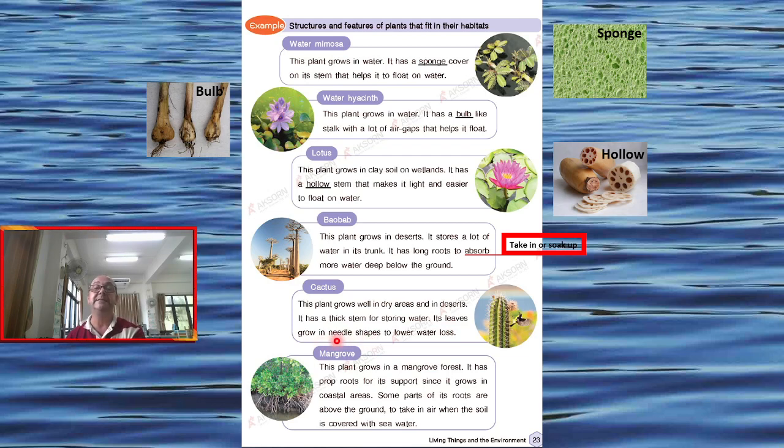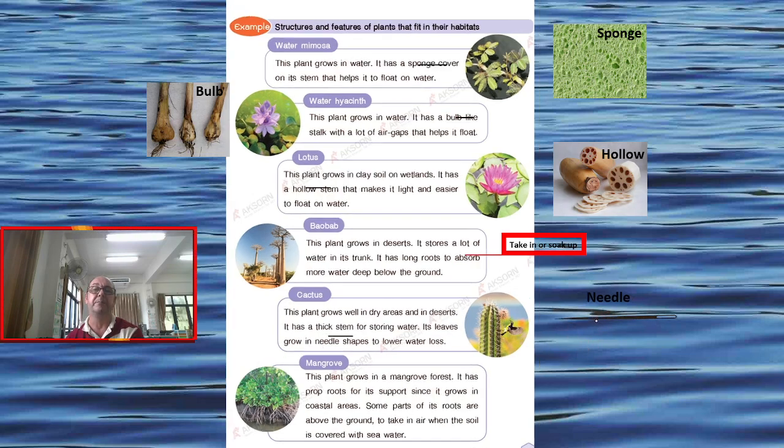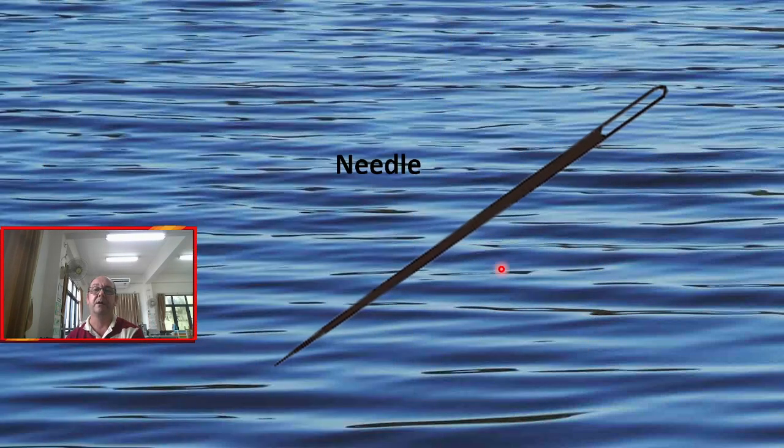But what is a needle? This word here, a needle. So what is that? You can't see very clear here, but let's make the needle bigger. So here we have a sewing needle.